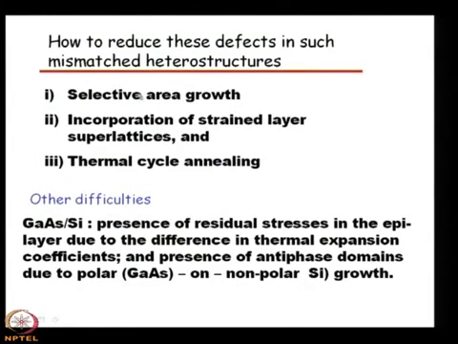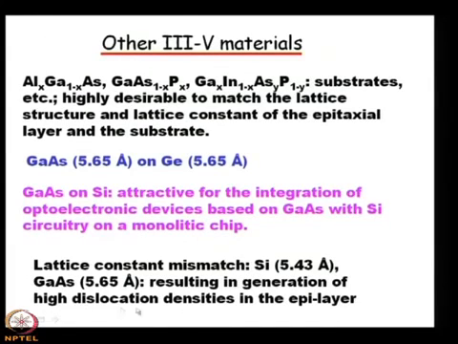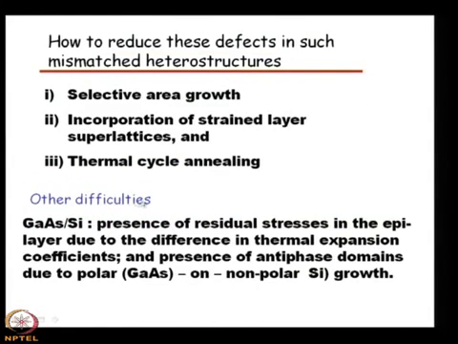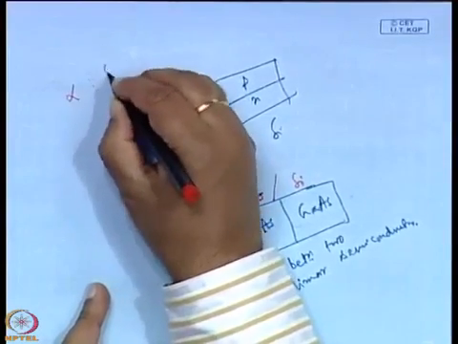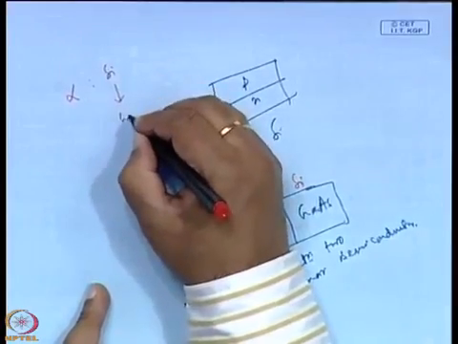Then apart from the difficulty of high dislocation density originating from the lattice mismatch, there are other difficulties in the silicon-gallium arsenide case: the presence of residual stresses in the epi layer due to the difference in thermal expansion coefficients. We know that the thermal expansion coefficient, alpha, of silicon is different from gallium arsenide.